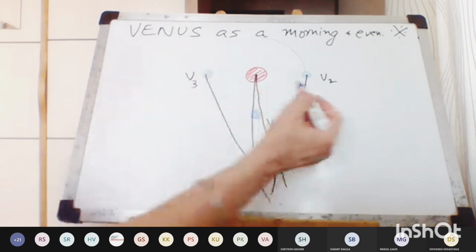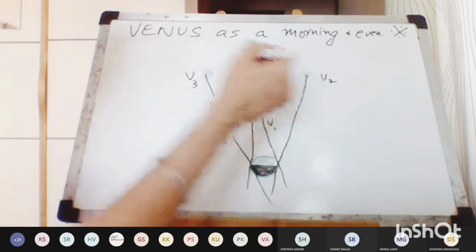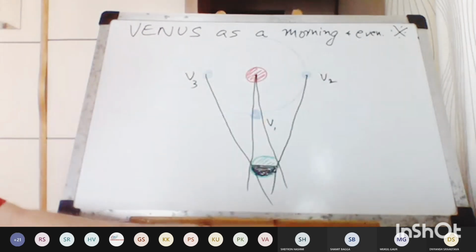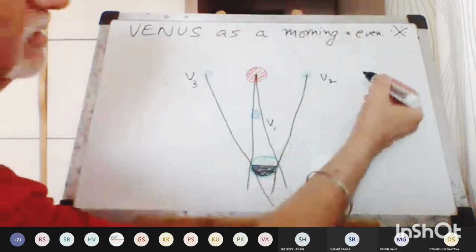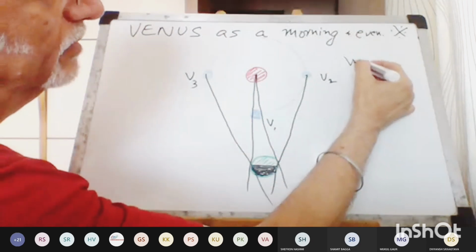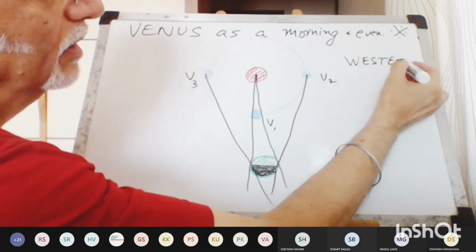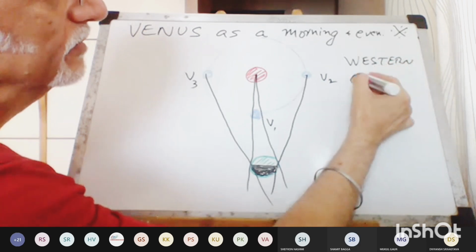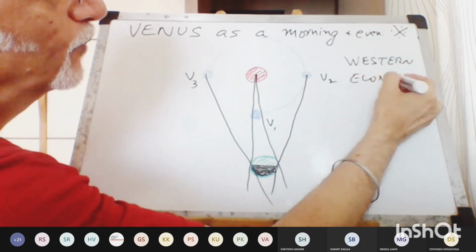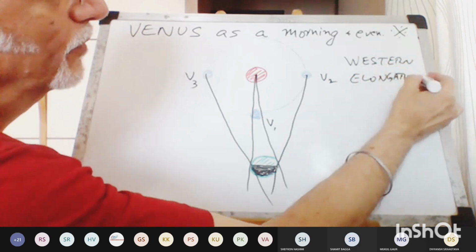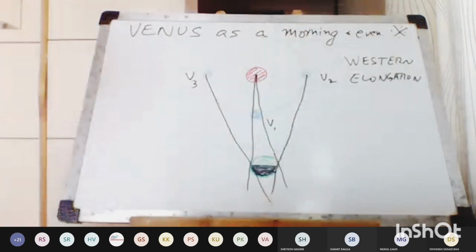This position of Venus is known as western elongation. Why it is known as western elongation, I will explain in a moment. Western elongation. Why it is known as western elongation?